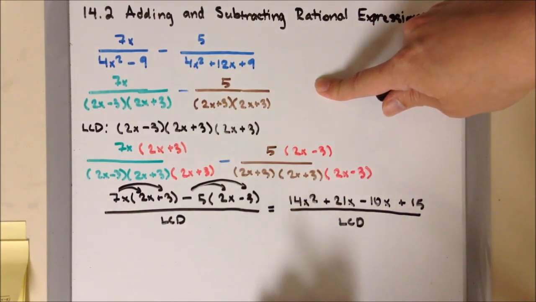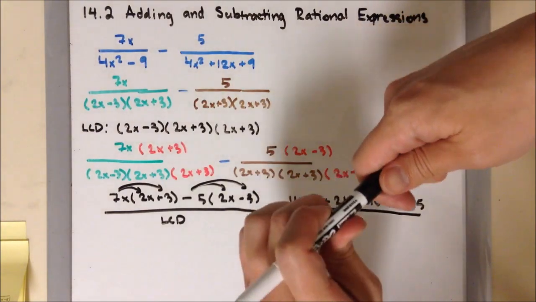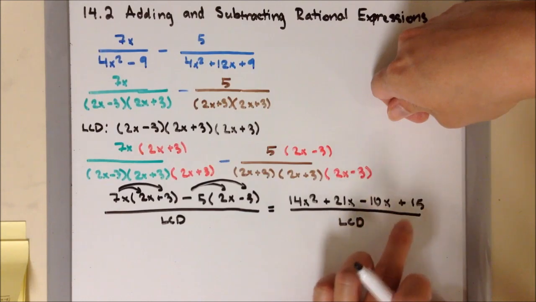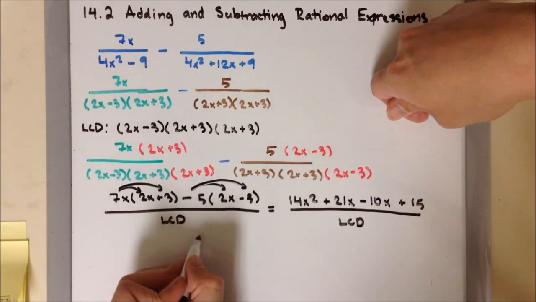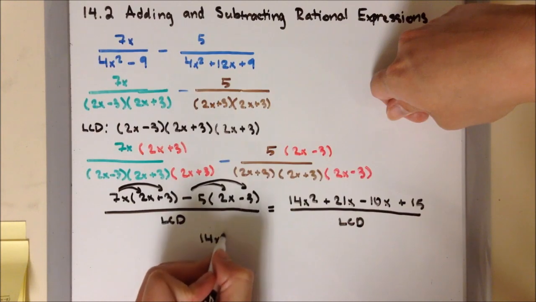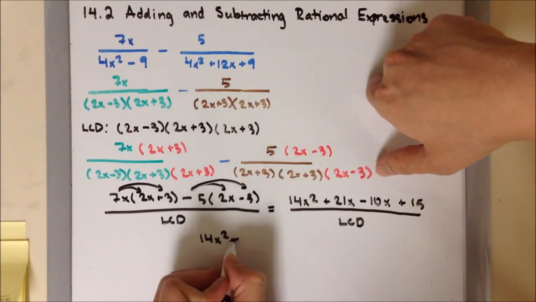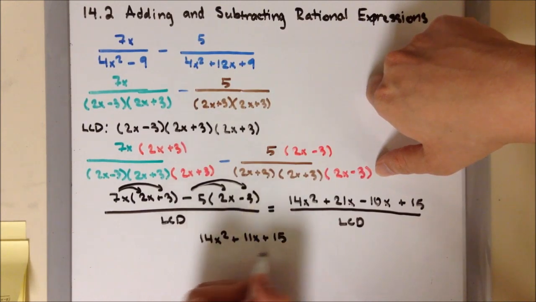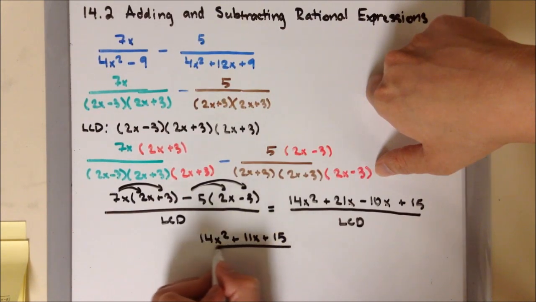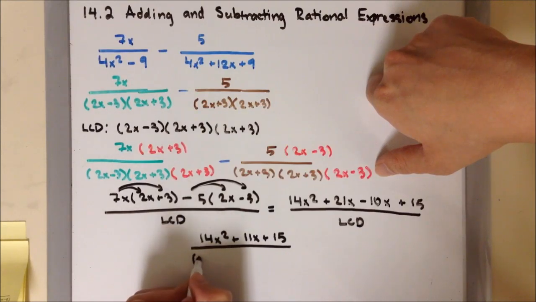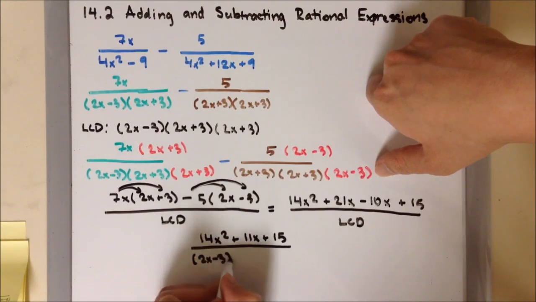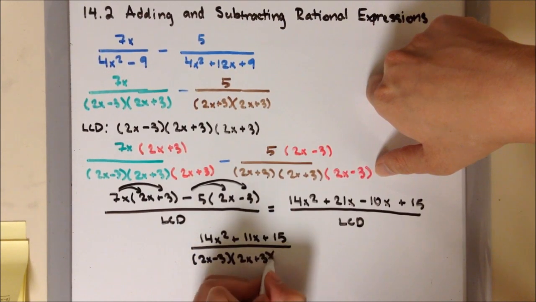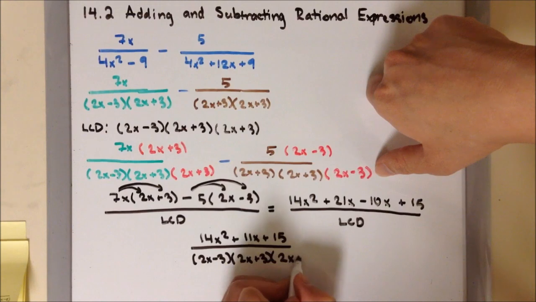So now in the numerator, I'm going to combine like terms. The only things I can combine are the 21x and the minus 10x. So what I'm going to have left is 14x squared plus 11x plus 15. And then I'm going to write my LCD in its true form: 2x minus 3 times 2x plus 3 times another 2x plus 3.